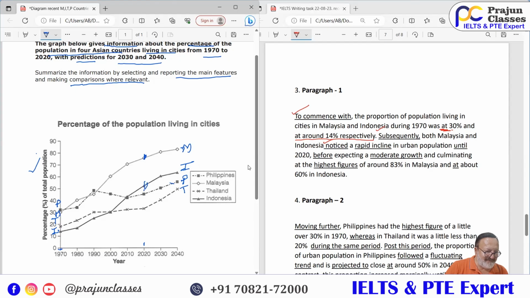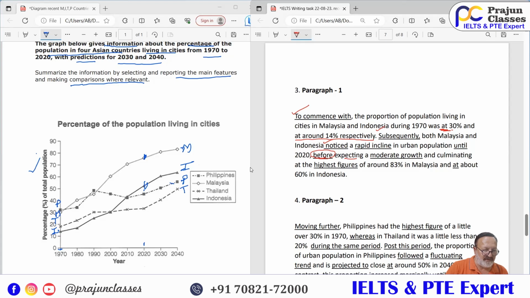Here, this is rapid. But after that it becomes less. So then you say rapid incline until 2020 before expecting a moderate growth. So "before" will make a complex sentence. So before a moderate growth, they notice a rapid incline. Before expecting a moderate growth, now expecting why?